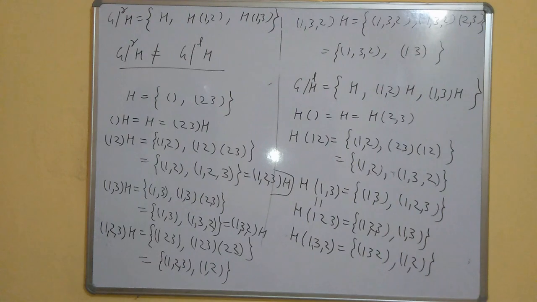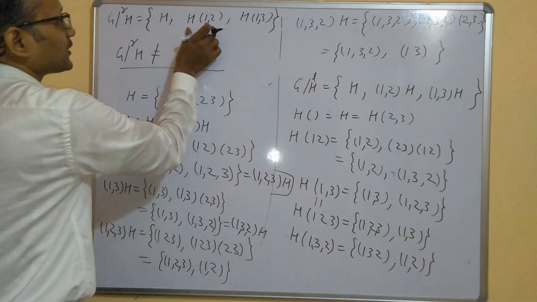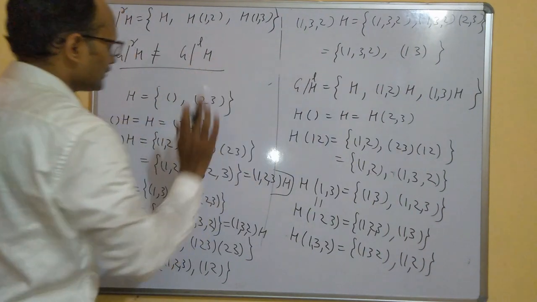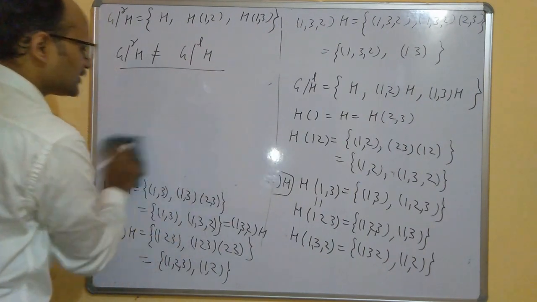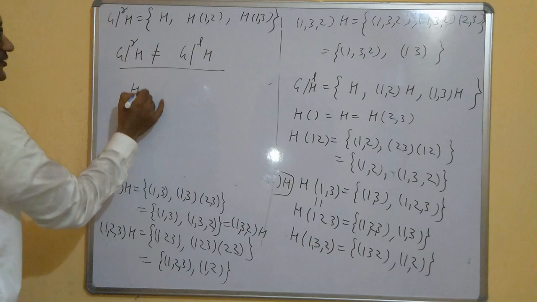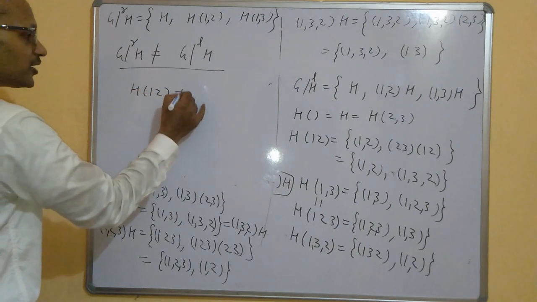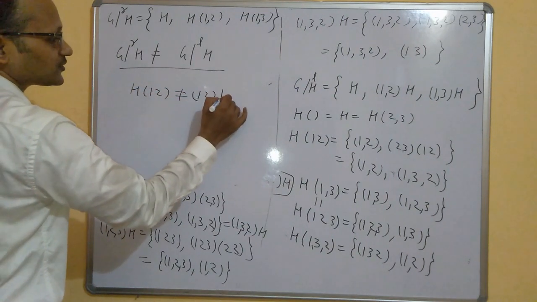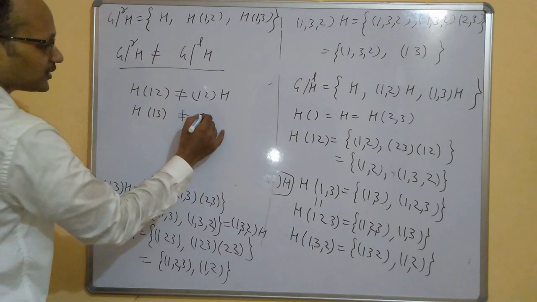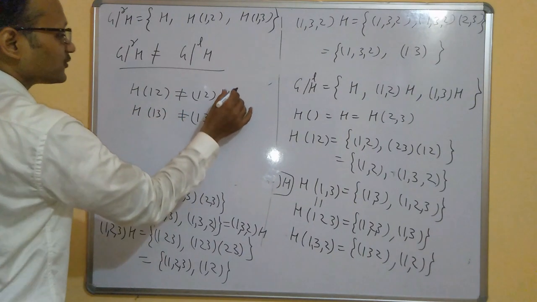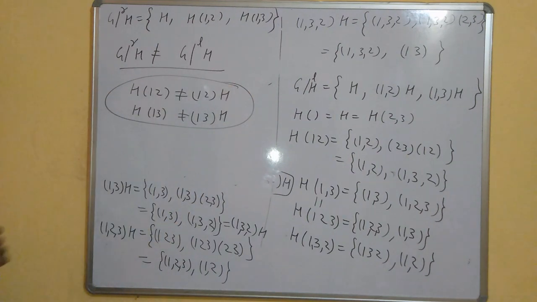So it may happen that the left coset for a particular element is not equal to the right coset of that element. So left cosets and right cosets are not equal. So there are subgroups for which left cosets and right cosets are not equal, and there are subgroups for which left cosets and right cosets are equal.